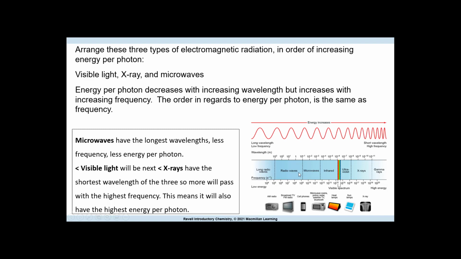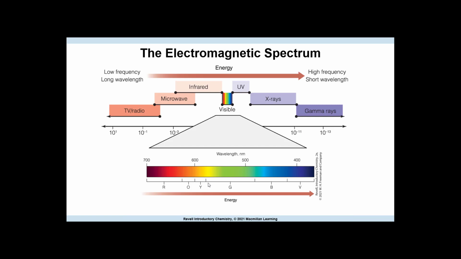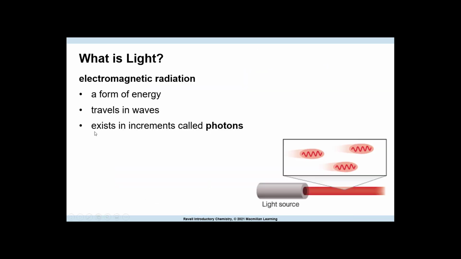Arrange these types of electromagnetic radiation in order of increasing energy per photon. Energy per photon decreases with increasing wavelength, but increases with increasing frequency. The order in regards to energy per photon is the same as frequency. What does that mean? Well, we're looking at photons. Photons are energy packets.